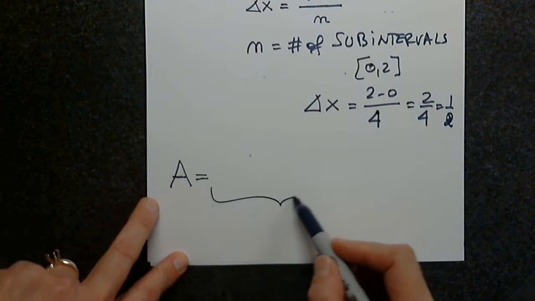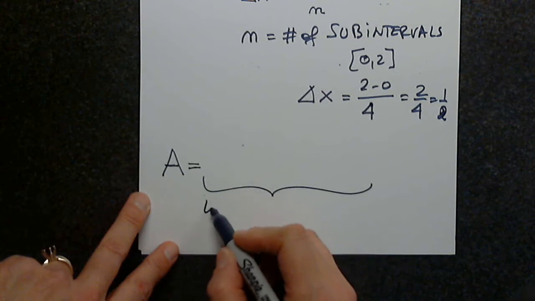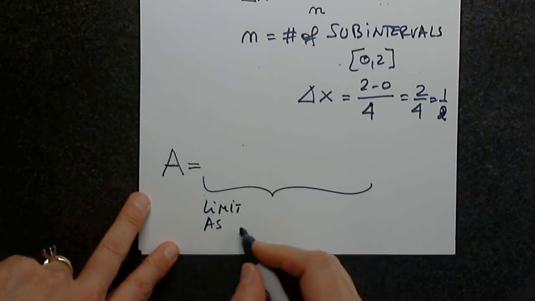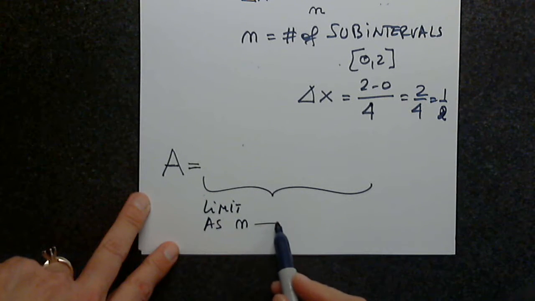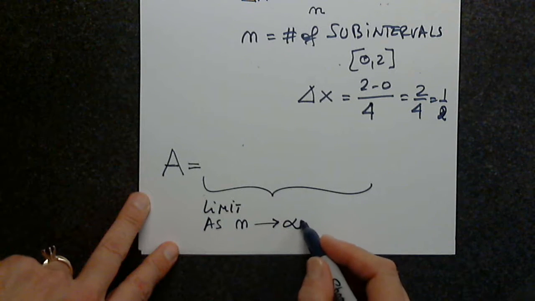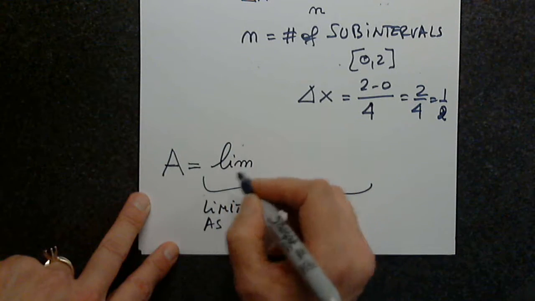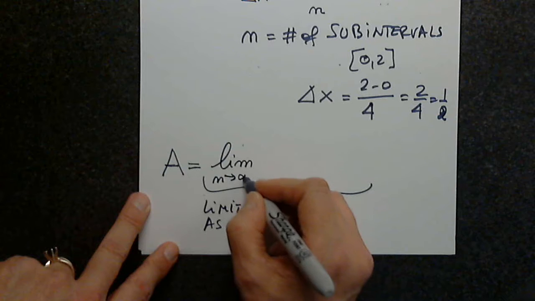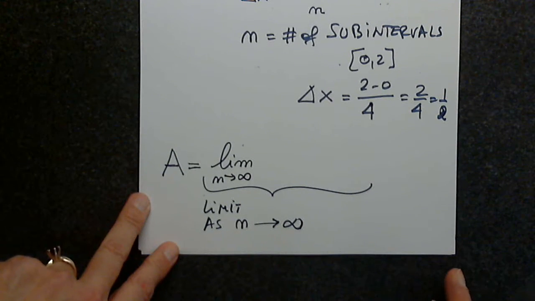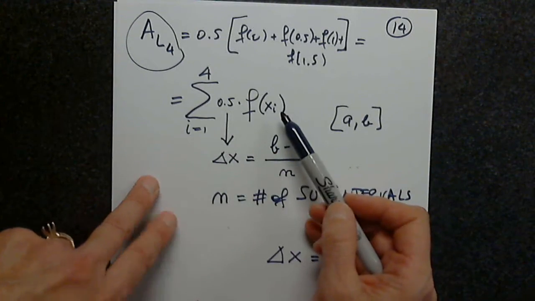So what will I have to write in here for the exact area? I will have to write the limit as the number of subintervals goes to what? Infinity, very good. So I will have to write limit as n approaches infinity of what? Of a sum of areas.